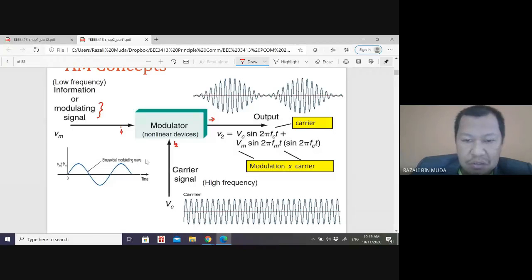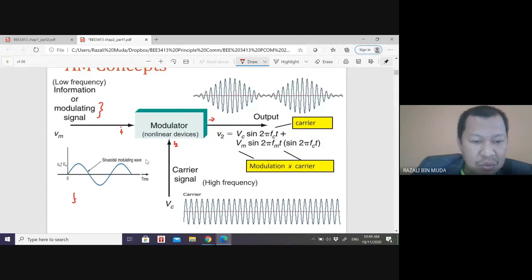So we can see from here, this is low frequency, this is a sine wave. Compared to this carrier signal, this is also a sine wave, but the frequency is different.